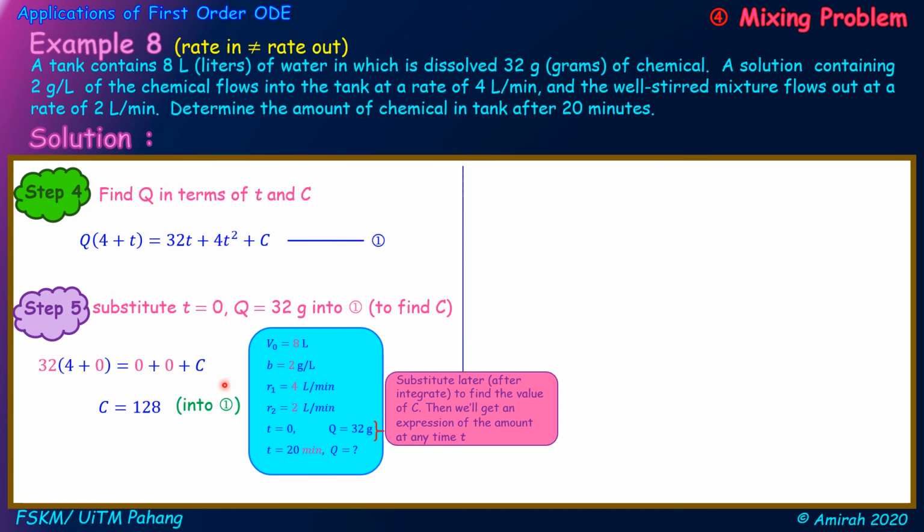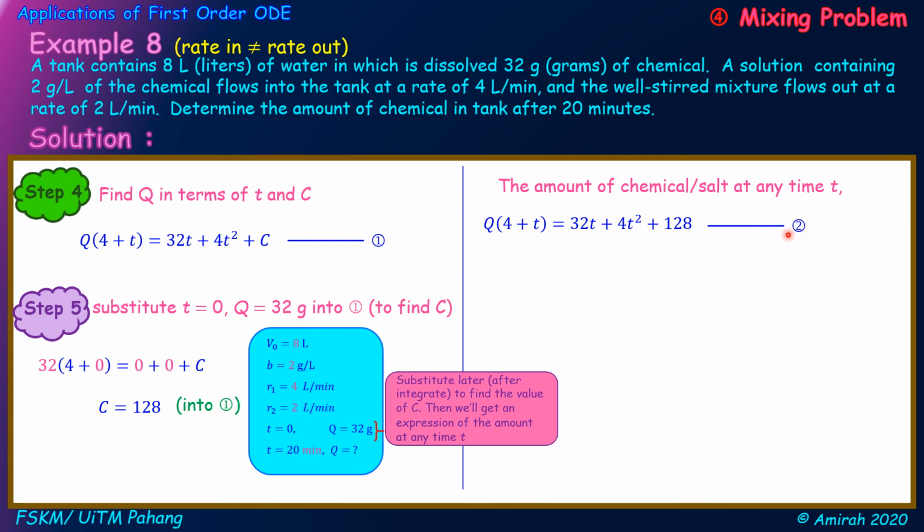So we get the amount of salt at any time t is given by Q times 4 plus t equals 32t plus 4t squared plus c, and c we now replace by 128. So this is the amount of salt at any time t, and we name it equation 2.